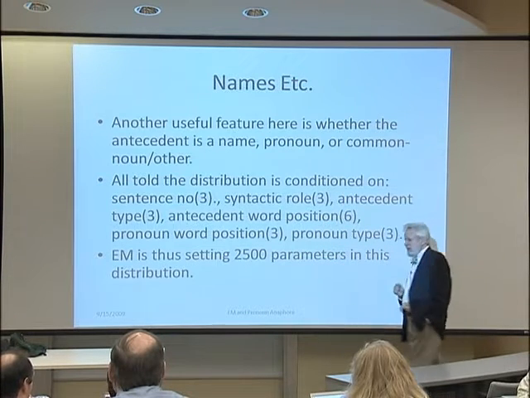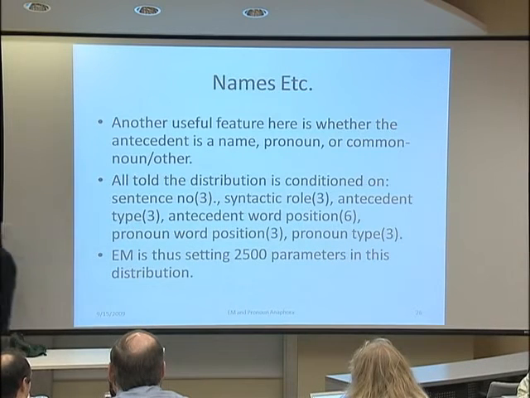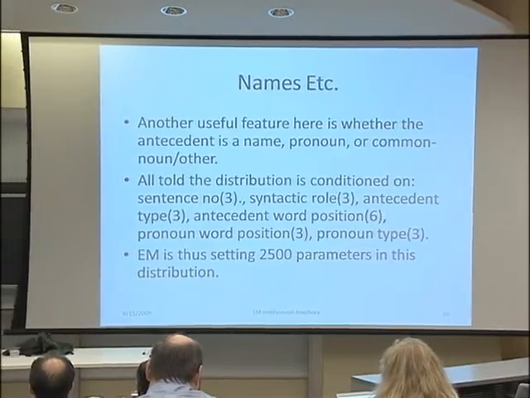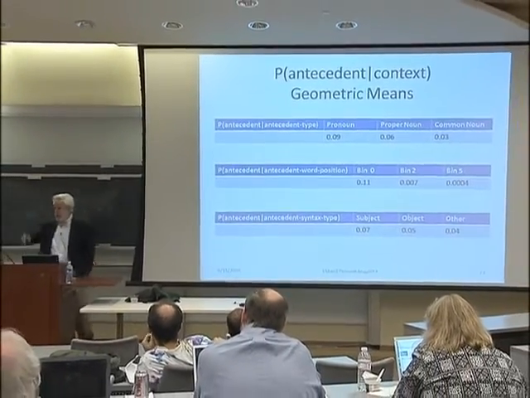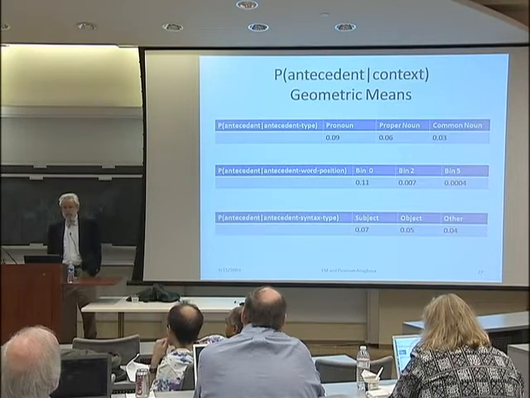Now, I emphasize this because the common wisdom, and certainly my belief, is that if you give EM this number of parameters, it's going to do you in. It will do something completely unintuitive that you won't like. But in fact, here, that doesn't seem to be the case. If you look at what it's doing, it seems to be doing reasonable stuff.